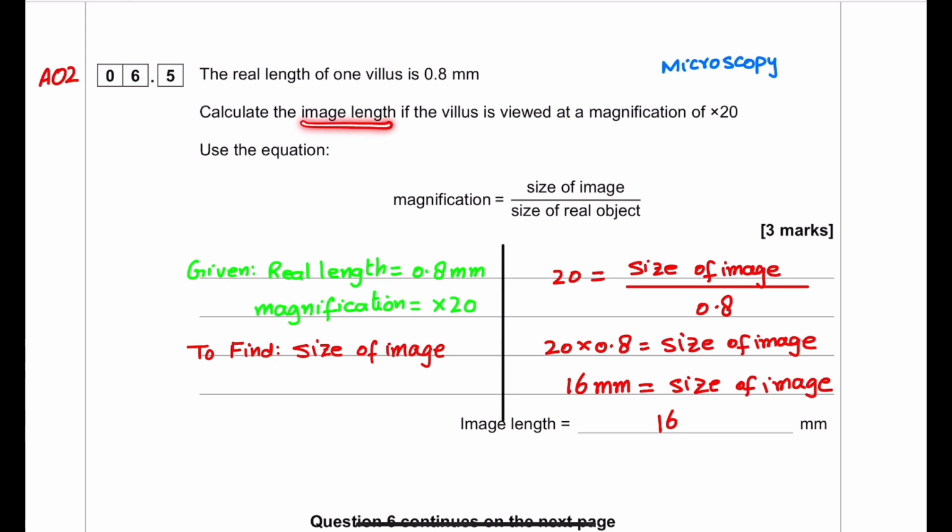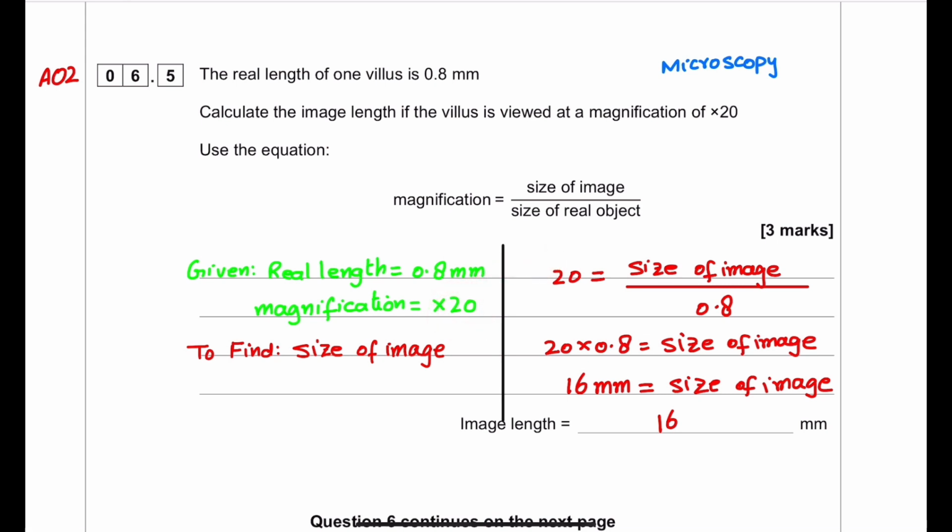We will use these values: 0.8 mm is the real object length. Magnification is used here. We need to find the size of the image. On the right side, we substituted the values. 20 is coming here.